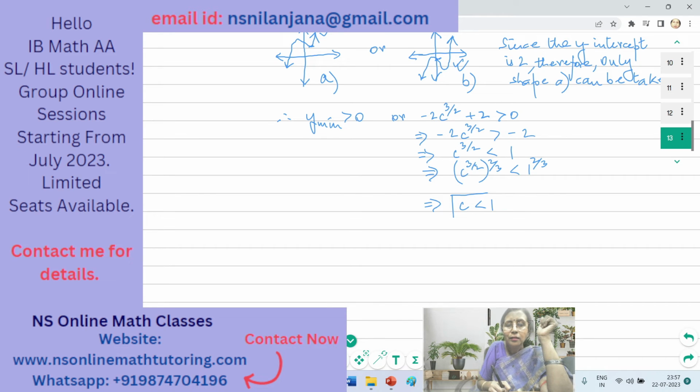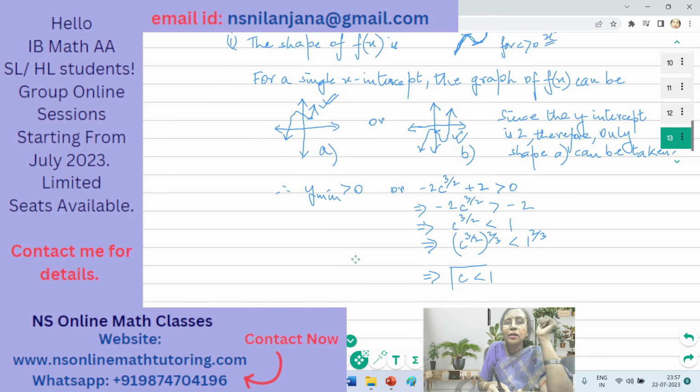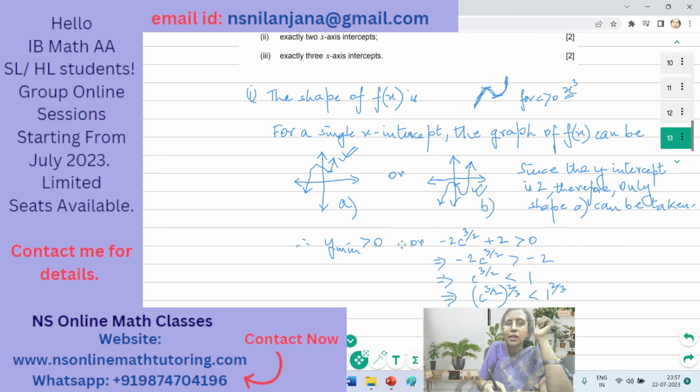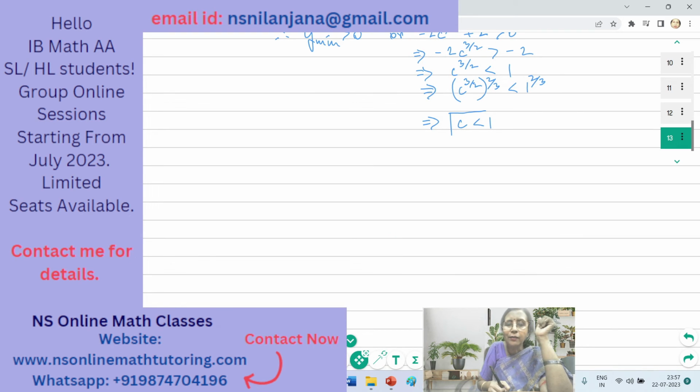But c is less than 1 is not sufficient, because we have to include c is greater than 0 as well. Because if c is not greater than 0, then we will not be having the minimum and the maximum points. So we have to include that. Don't forget.